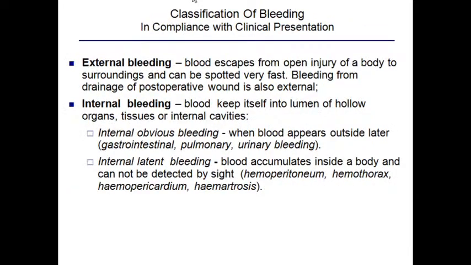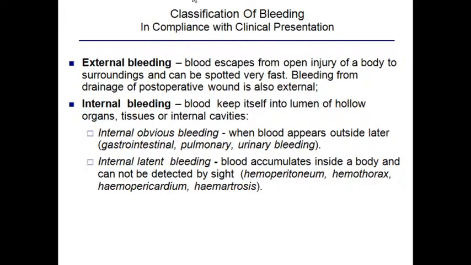In compliance with clinical presentation, so depending on what symptoms we can see at bleeding, we can distinguish external bleeding and internal bleeding. External bleeding is when blood escapes from an open injury, for example, a wound of the body, to the surroundings, and can be spotted very fast at the moment of the trauma.